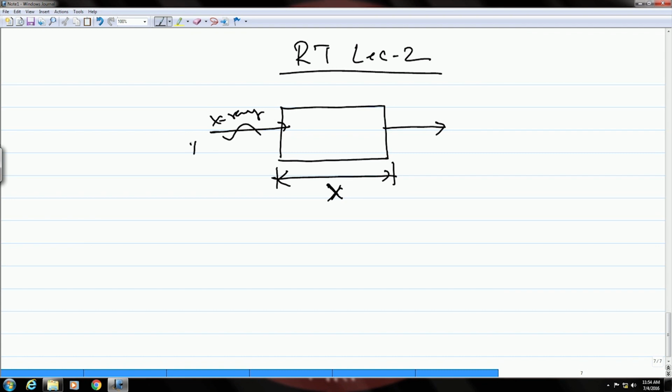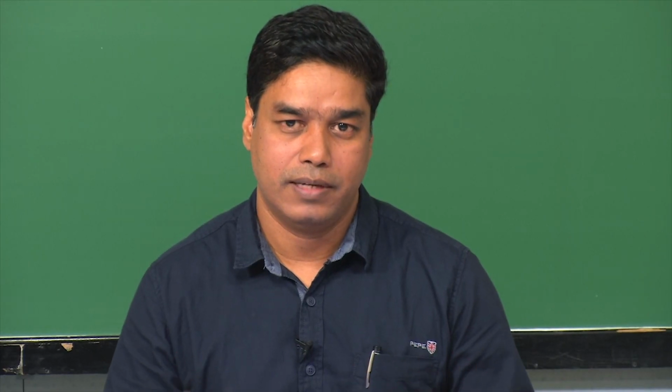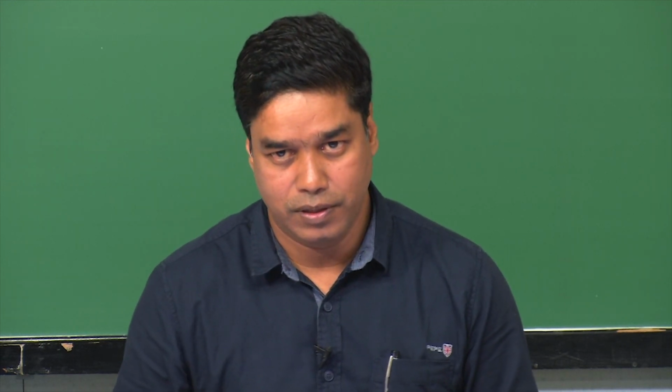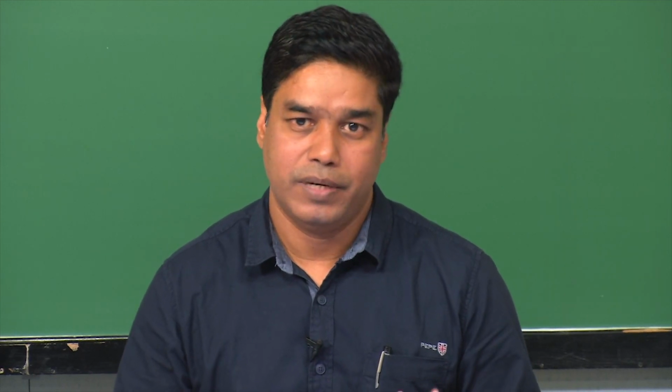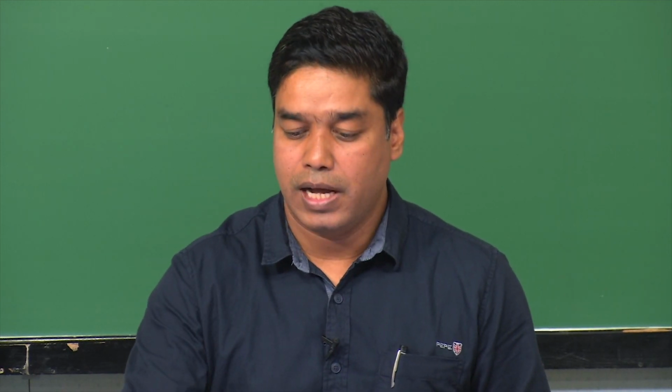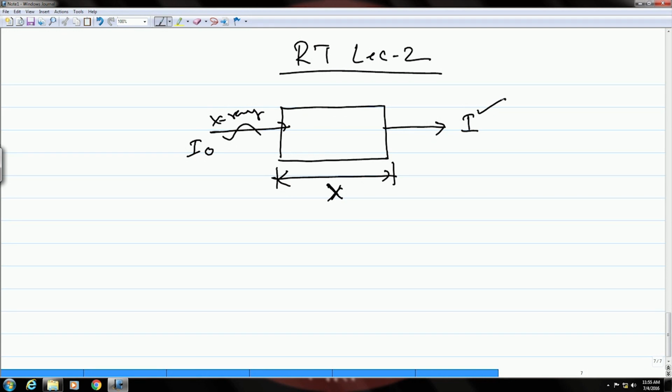This is the initial intensity I naught, and after traveling through this thickness, the intensity coming out from this substance is I. As I said, when X-rays travel through a substance, there will be some interaction between the X-rays and the matter, as a result of which some of the energy of the X-rays will be absorbed by the material. So, this I which comes out from the material will be lower than the initial intensity I naught.